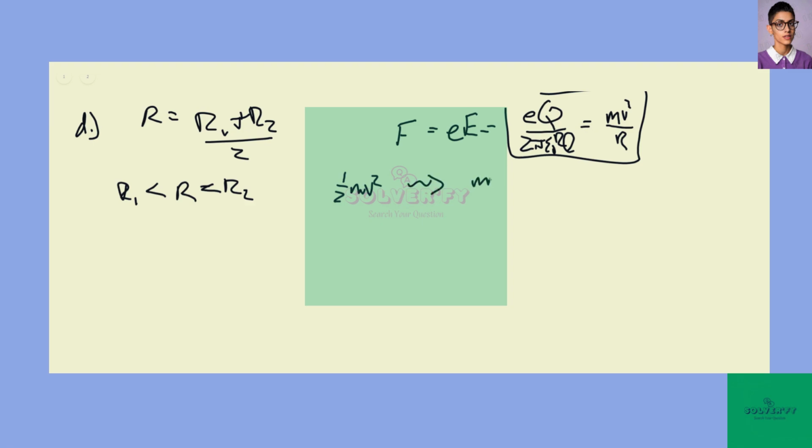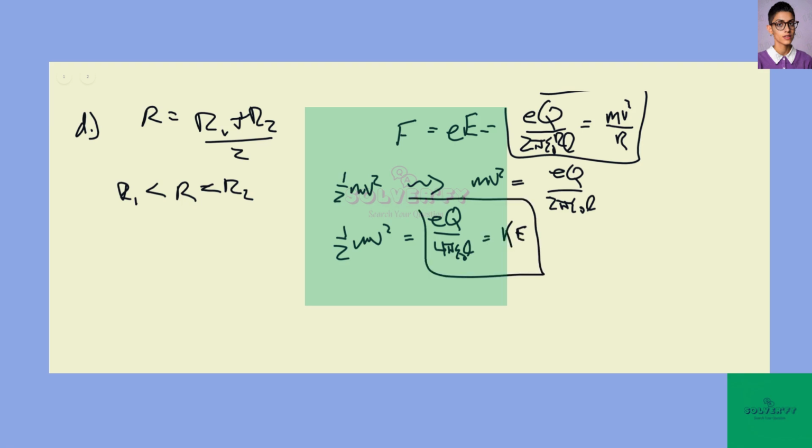We can say mv squared is eQ over 2 pi epsilon naught L. So 1/2 mv squared is going to be eQ over 4 pi epsilon naught L. So this is our kinetic energy. Awesome.